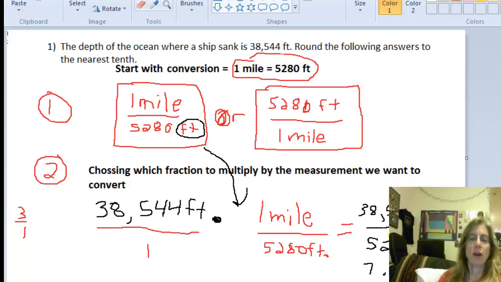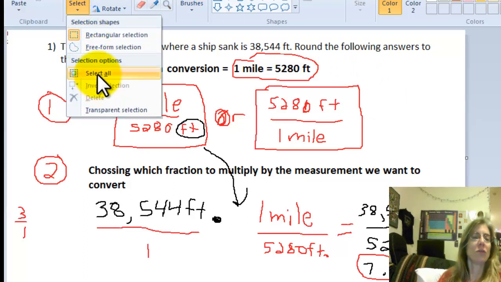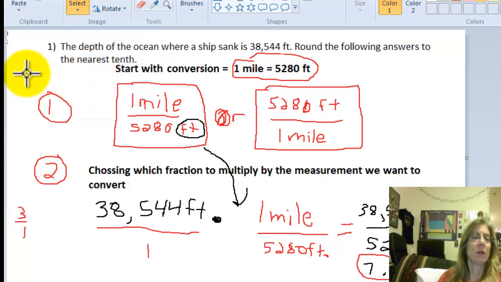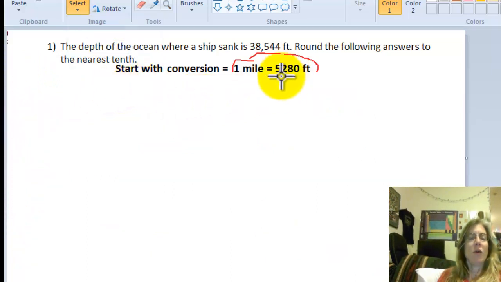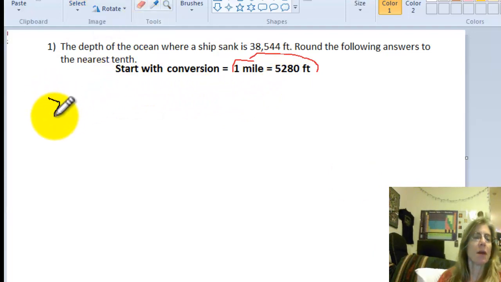And now we're going to start the next conversion using our answer, because we're going to go from miles to kilometers. Okay, so I'm going to clear our picture here. So we're going to go from our answer of 7.3 miles, we're now going to convert to kilometers.